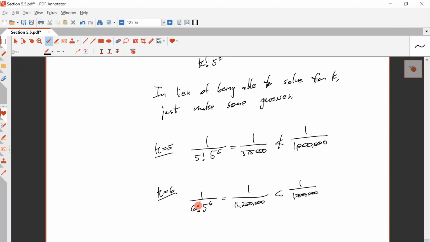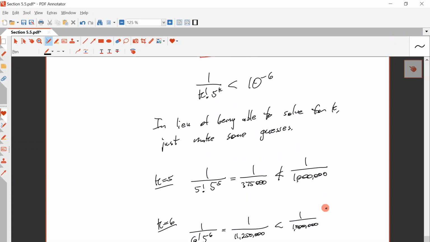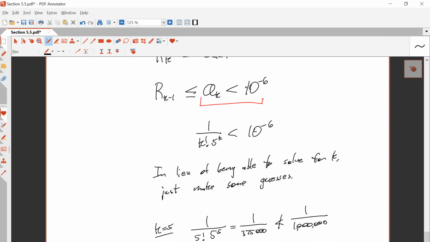So we have that for k equal to 6, this inequality is satisfied. So which partial sum should we use? The k minus first remainder is less than the kth term. So we don't have to use the 6th partial sum, use the 5th partial sum.